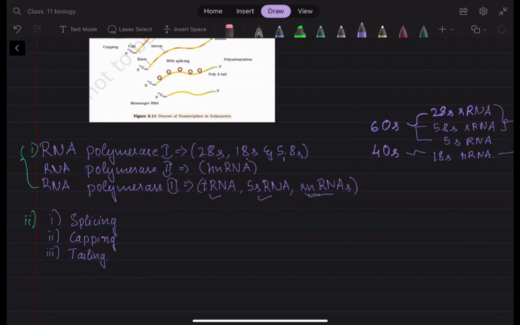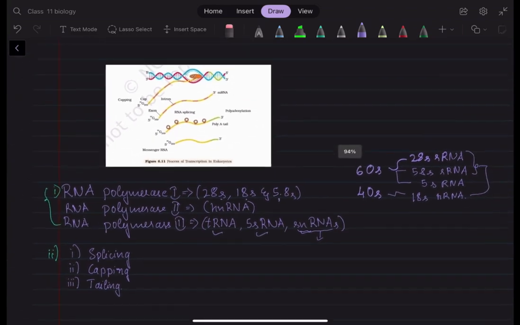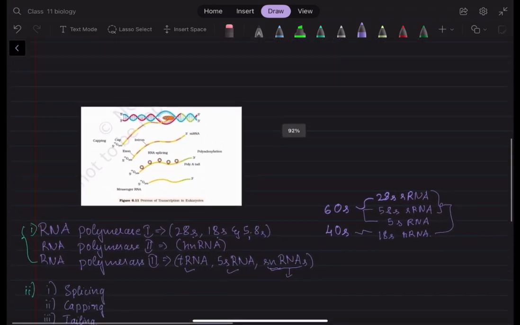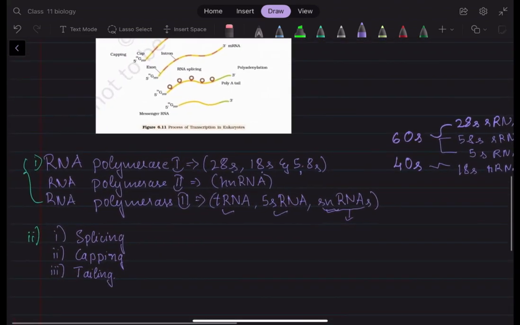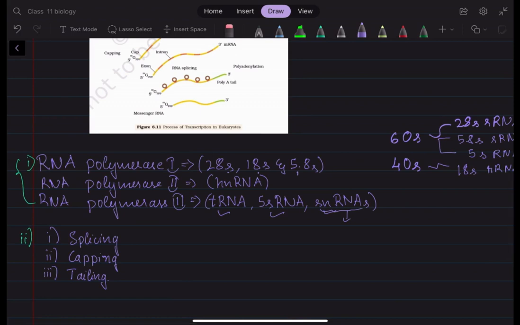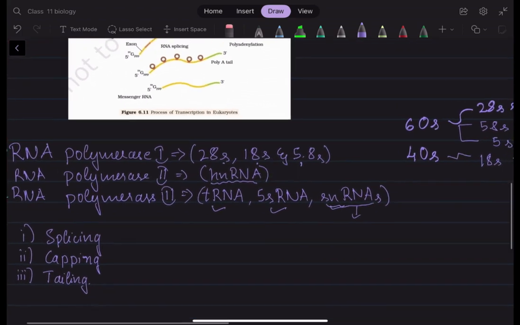So snRNAs play a role in processing of the RNA, which contains some sequences from the introns. So we'll see that later. And RNA polymerase 2 is responsible for the formation of hnRNA, that is heterogeneous nuclear RNA.